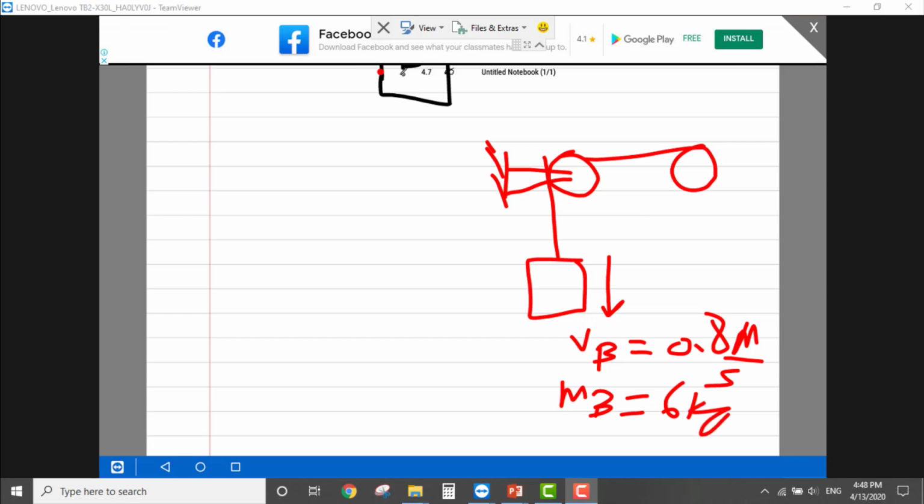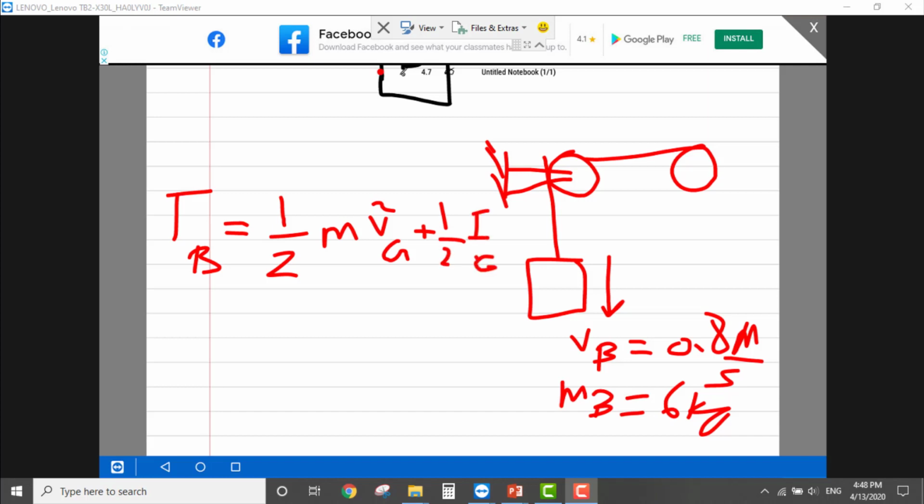So T kinetic energy for block B, if I want first of all to write the general equation, which was half m Vg squared plus half Ig, okay, omega squared. Okay, so this is the general equation.